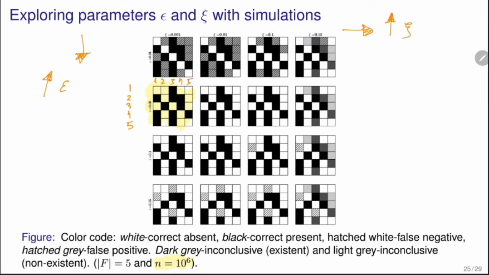Now, let's have a look at this particular matrix. Okay? So here we have white and black entries as before, but also entries with 3 different colors. The hatched white color indicates a false negative. The dark gray color indicates an inconclusive existent connection.